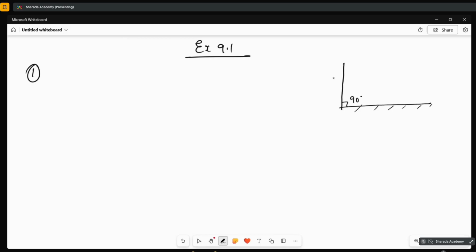Then what is given? A rope tightly stretched and tied from the top of the vertical pole to the ground, that is 30 meters. Find the height of the pole if the angle made by the rope and the ground is 30 degrees.